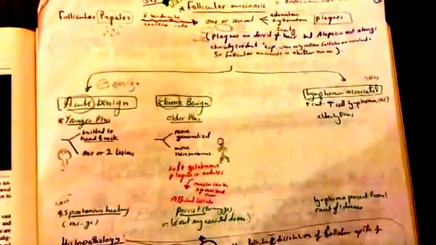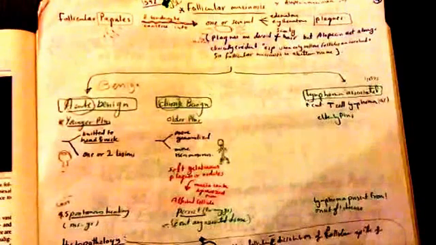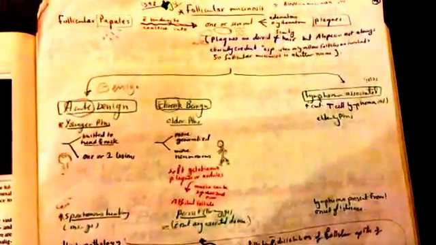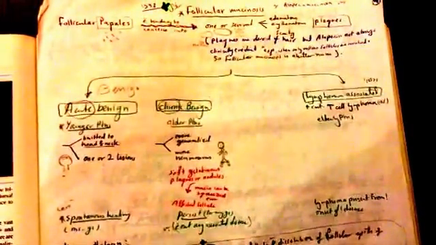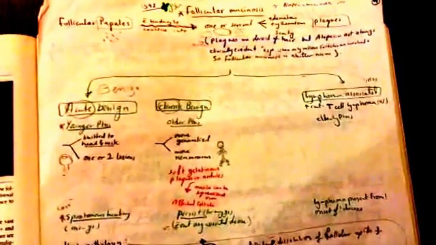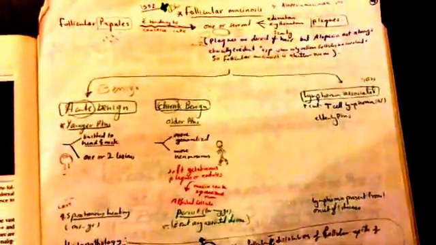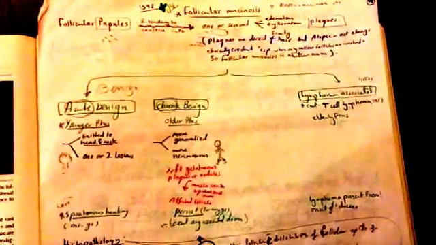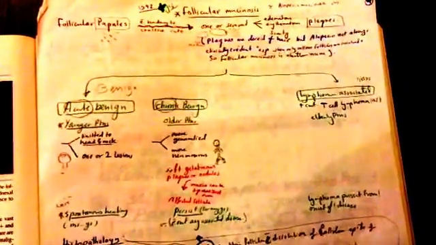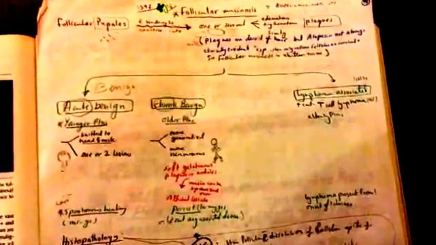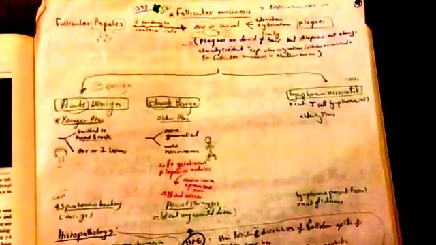The plaques are devoid of hair, but alopecia is not always present, especially when only vellus follicles are involved. So follicular mucinosis is a better name. Sometimes they are devoid of hair.